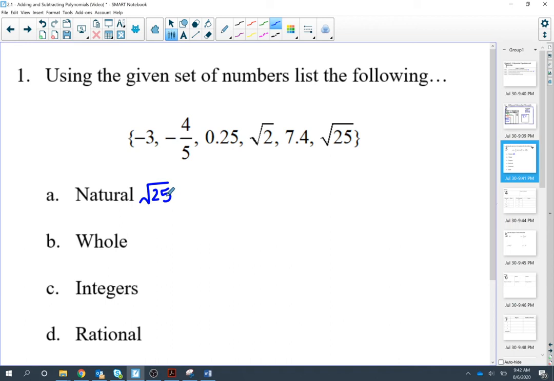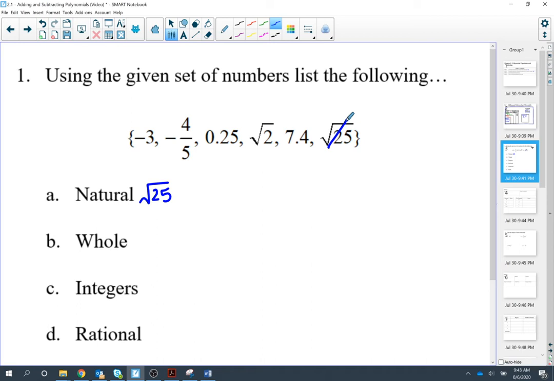There it is. Okay, now whole numbers. Keep in mind whole numbers, you just add on 0. So 0, 1, 2, 3, 4, 5, etc. And I'm looking at my list, and it looks to me like there is no 0. So does that mean there's no whole numbers?